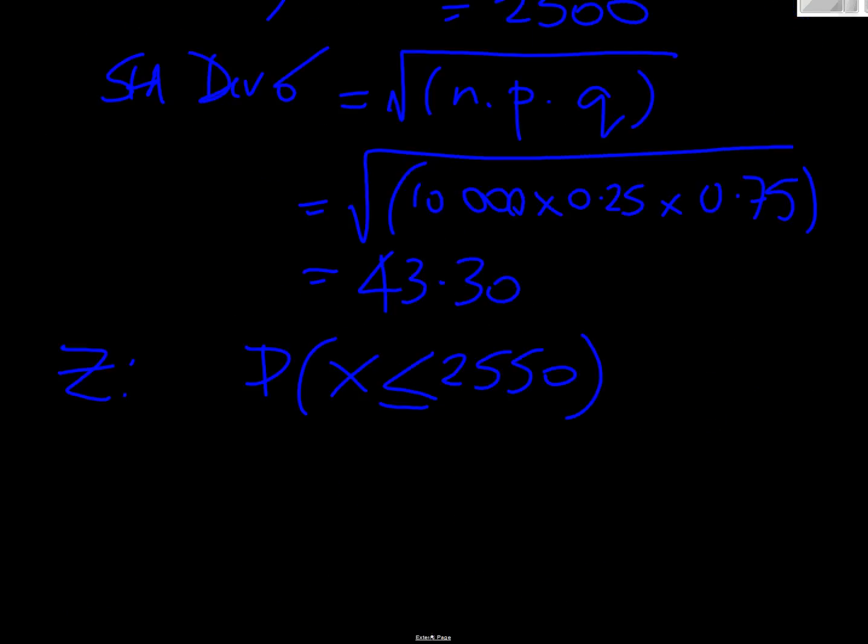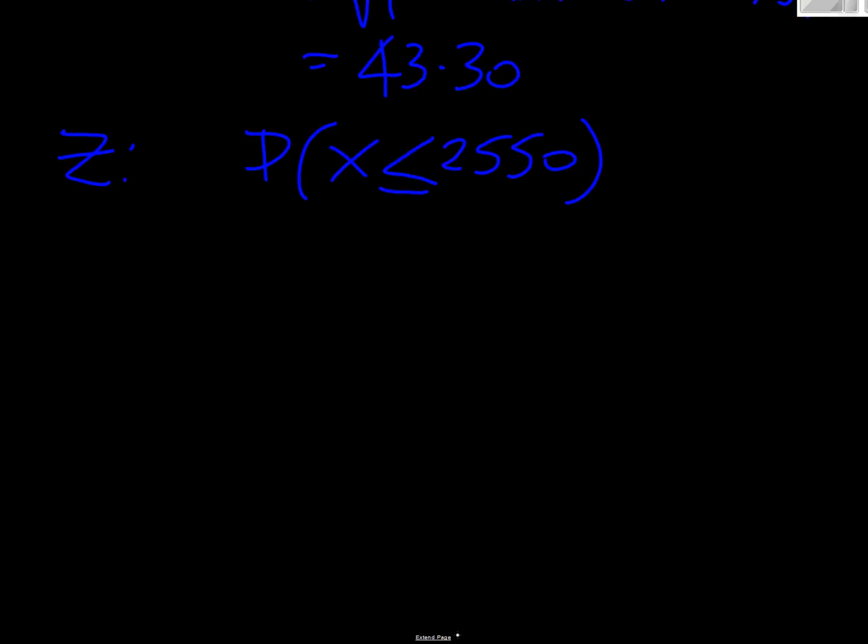Now the interesting part here is, of course, that we are converting a binomial, which is actually discrete, and we've already worked out, haven't we, that for the binomial the mean is 2,500.